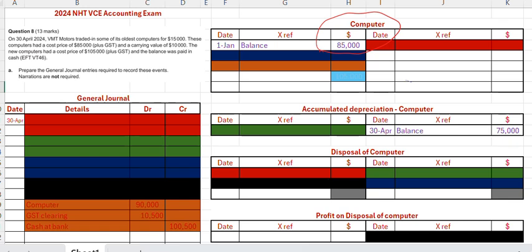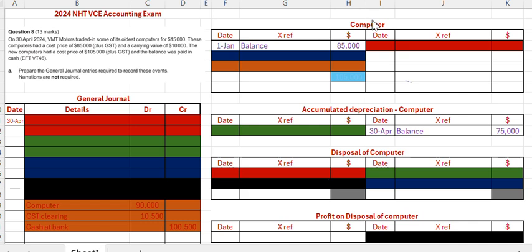The disposal of computer account has two purposes. Number one, it helps facilitate the transfer of an NCA, in this example a computer, the ACDEP, and the proceeds from the disposal, and then helps us calculate our profit or loss on disposal, which will be reported in our income statement.